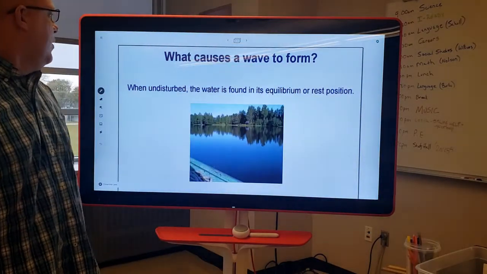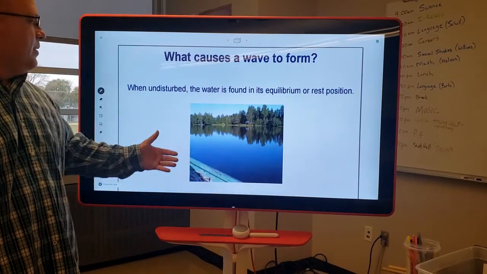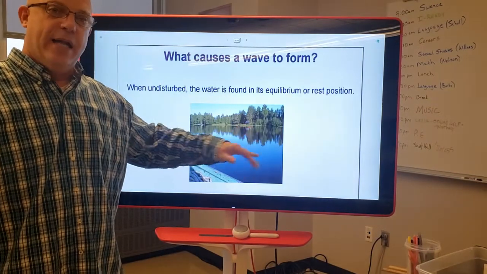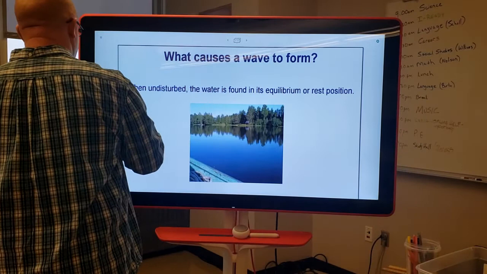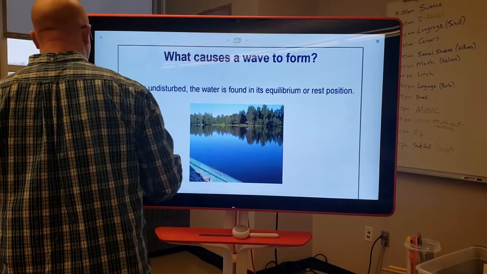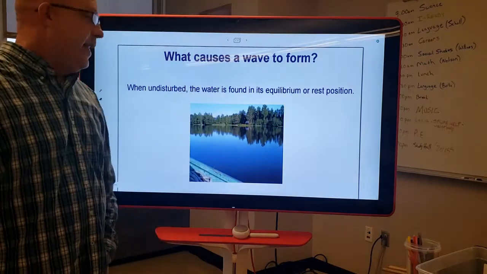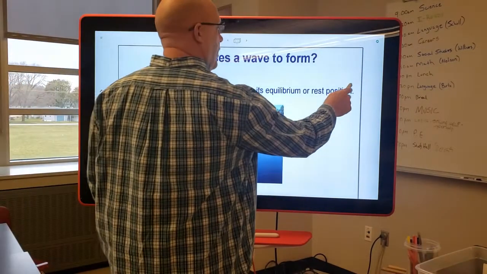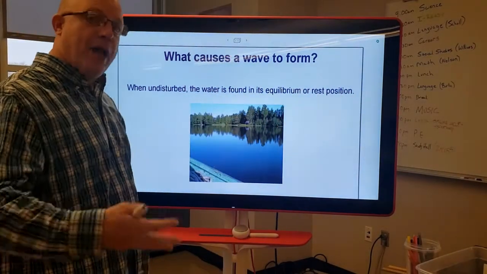And that is, here's your smooth lake. Now, when this is undisturbed, when it's smooth like this, and it's perfectly level, we say that it is at equilibrium. That equilibrium means it's perfectly in the middle. We can also say that it's at a rest position, which means that it's not moving.